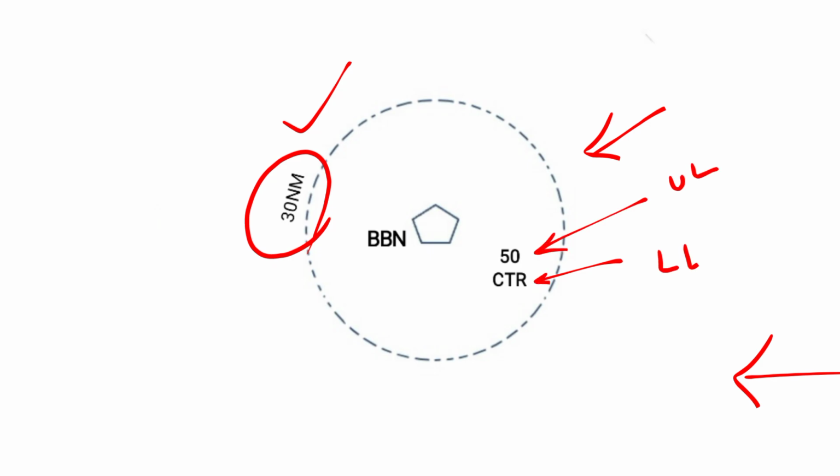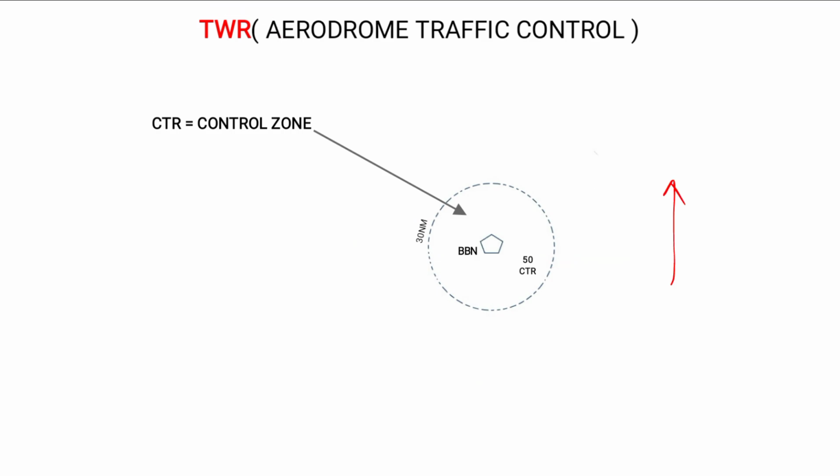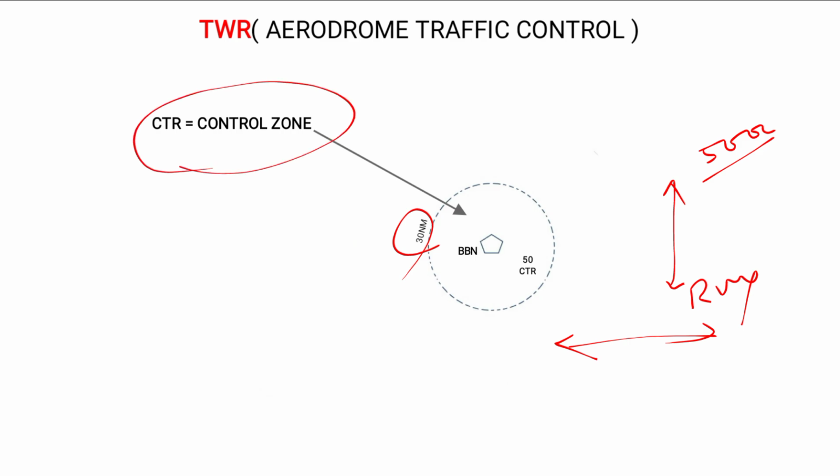That means from the runway till flight level 50, that is, vertically from the runway till 5000 feet is the airspace given to tar, and horizontally the dimension is 30 nautical miles. This airspace is called the control zone.